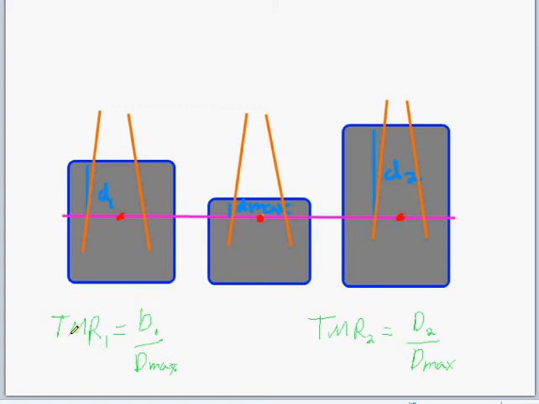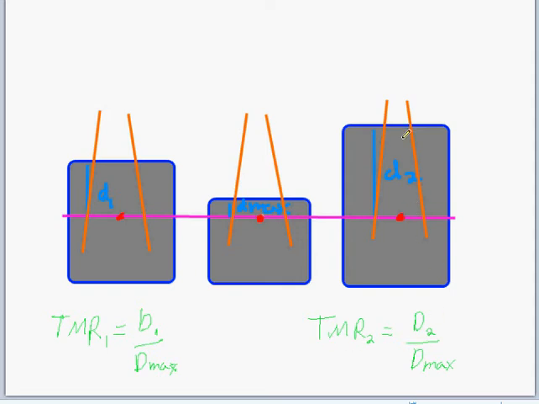We have two equations here. I'm going to call them TMR1, TMR2. TMR1 is the dose at this depth here, D1, divided by the dose over here at the Dmax depth. That would be the definition of TMR based on these 2 points.